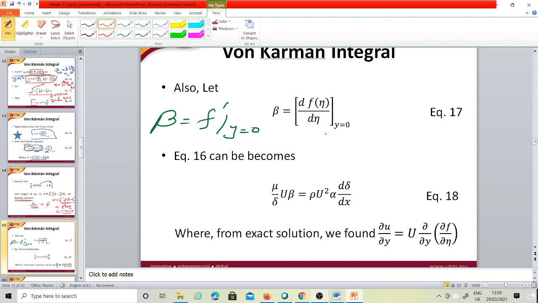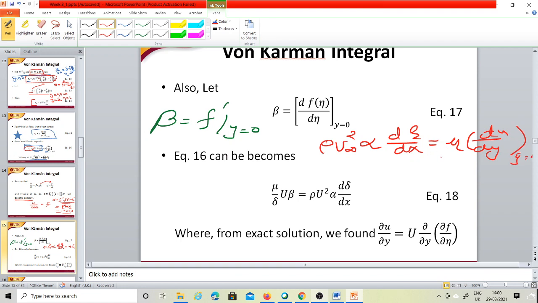Equation 16 is delta rho u infinity square alpha, then d delta by dx, is equal to mu du by dy at y equal to 0. Now, if you remember, du by dy can be written as du by d eta and then del eta by del y.